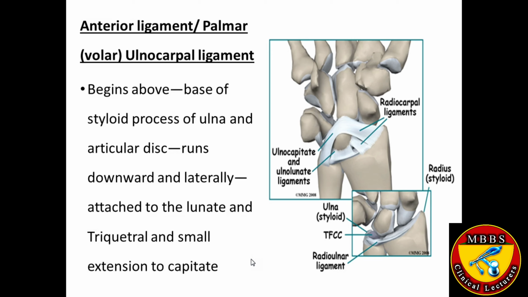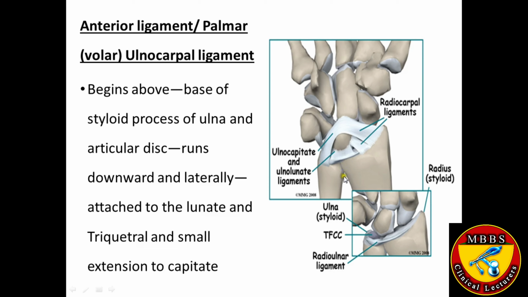The anterior ligament, or palmar ligament, or palmar ulnocarpal ligament, begins above the base of the styloid process of the ulna. You can see over here, this is the base of the styloid process of the ulna and the articular disc.